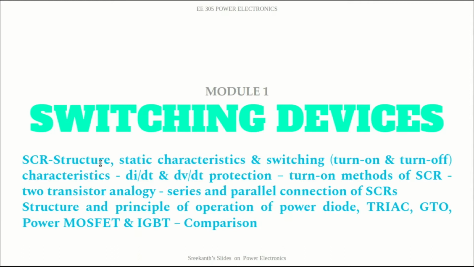Then we look into various turn-on methods of SCR, the two-transistor analogy, series and parallel connection of SCRs, and the structure and principle of operation of other switches such as power diode, triacs, GTO, power MOSFET and IGBT, and we end the module with their comparison.